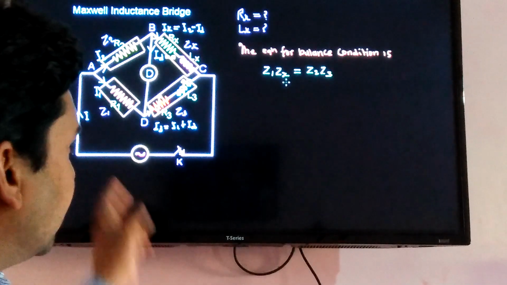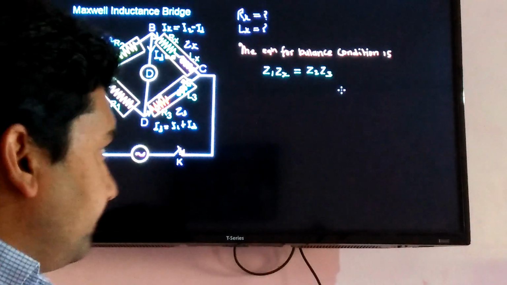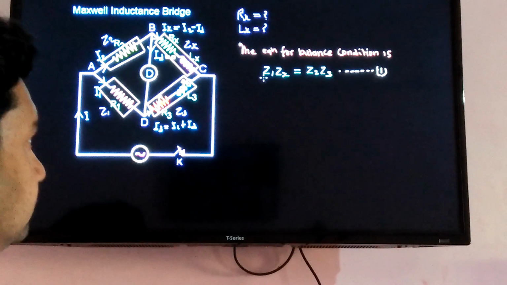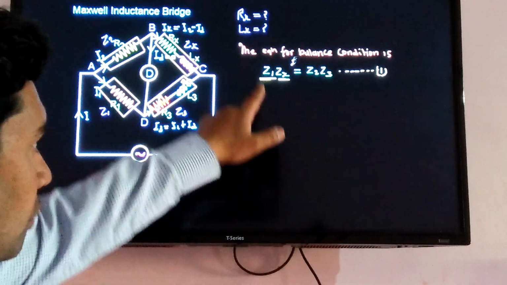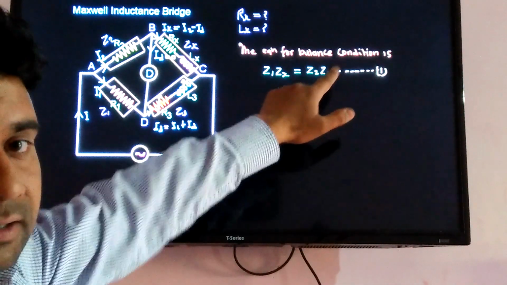Let us name this equation 1. Now we have to find the values of Z1, Zx, Z2 and Z3.